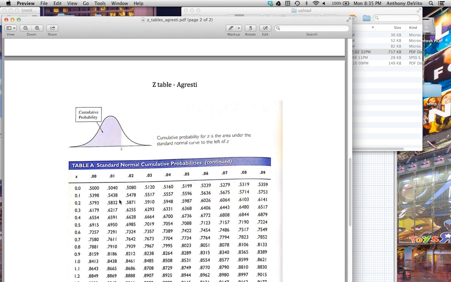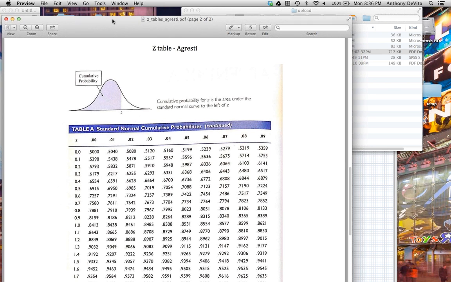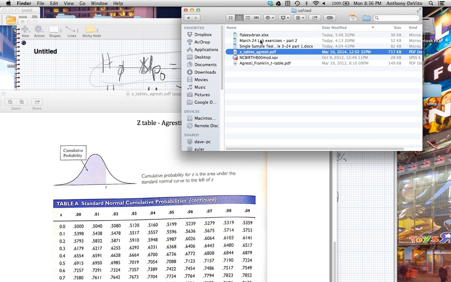Since this area that I got from the z-table for 1.2 is only 13%, but it's a two-tailed test, I got to account for the other part at the lower end. So it's 13% and 13%. So my chances of being wrong, if I reject the null hypothesis with a z-score of 1.2, is 26%. Okay, that's why I double it, because I got to account for both tails. Again, I can see it's a little bit confusing. I have to admit it.